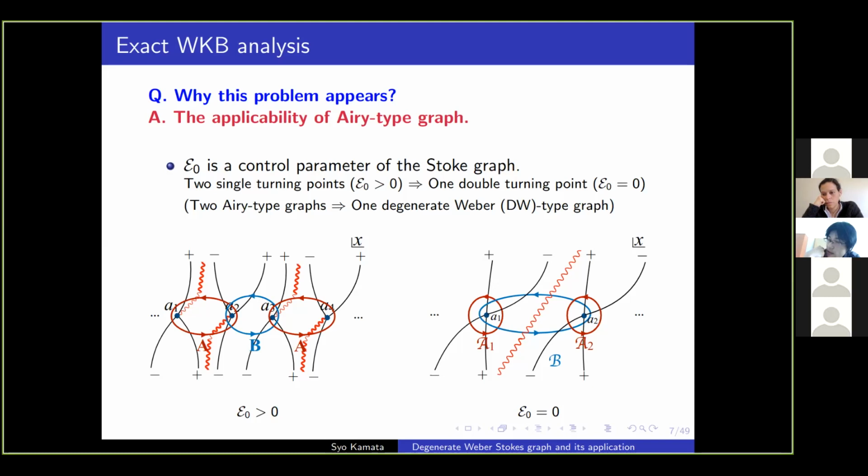But for example, if the superpotential is a polynomial, it is always this kind of change. I don't think a different type of colliding happens. It's always this kind of change from two Airy to one. At least if W is a polynomial in X, yes, but if you consider much more complicated cases, I don't know.